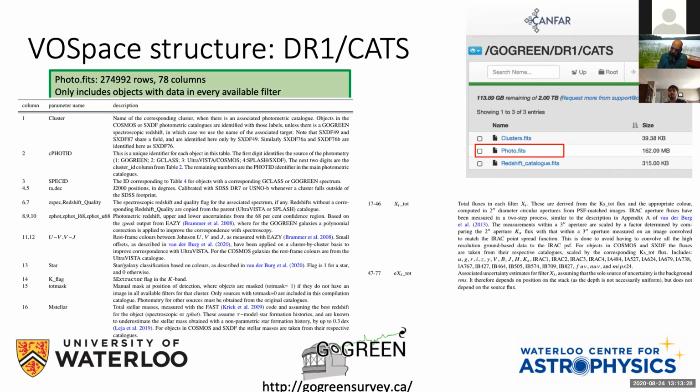And so what goes into this catalog is only the stuff that has IRAC data, as well as data in all the other filters. That's to say that there is more information in the parent catalogs that were used to generate this file. But this gives you a photometric file linked to the spectroscopy for most purposes.